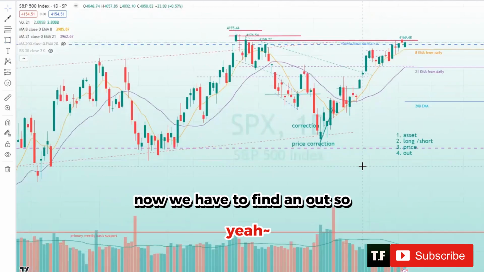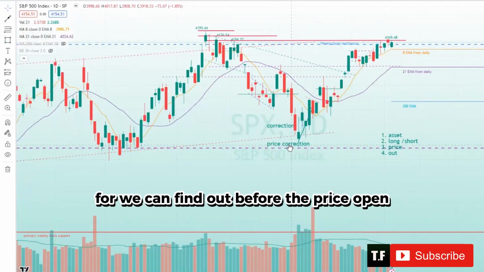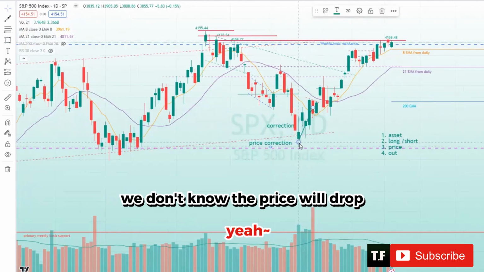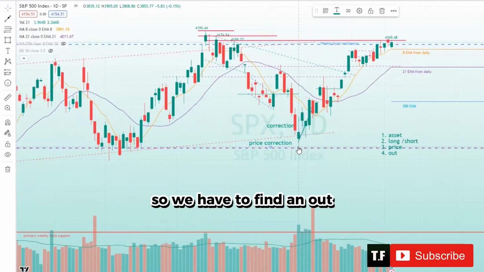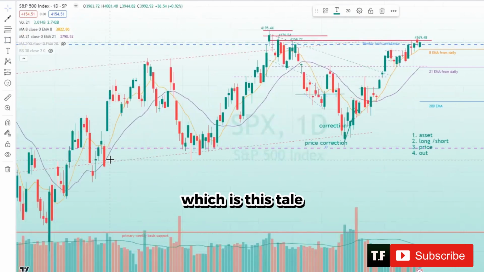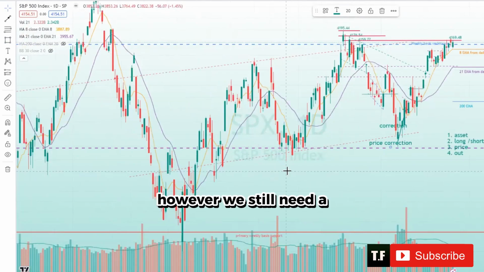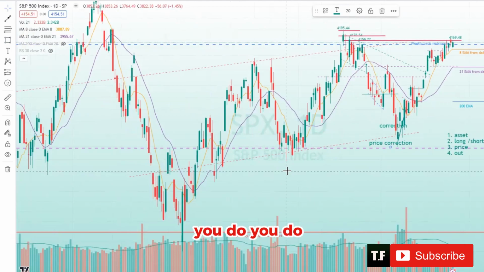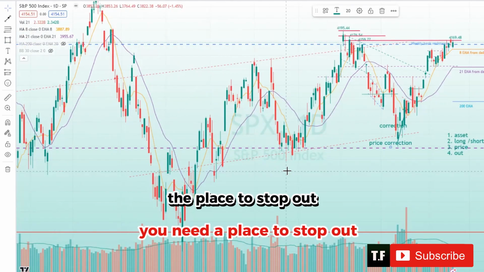So now we have to find out, before the price opens, we don't know the price will drop to here. So we find the prior one, which is this tail. I know it's not exactly the same, however, you do need a place to stop out.